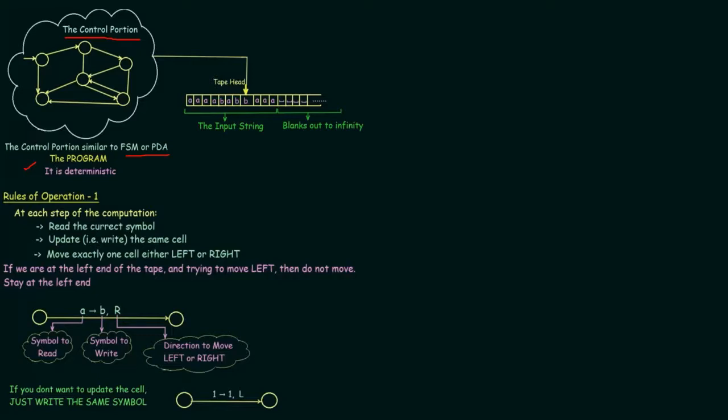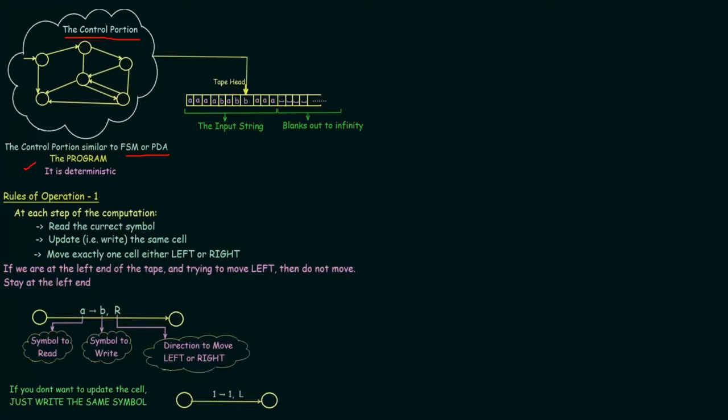Okay, so there are some rules that we need to follow for a Turing machine. As I said, we can read, write, and move ahead or move backwards. That means we can move either left or right.